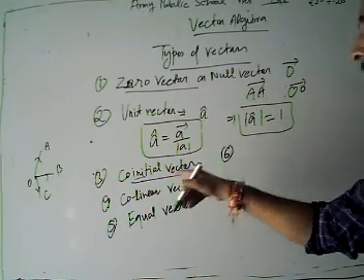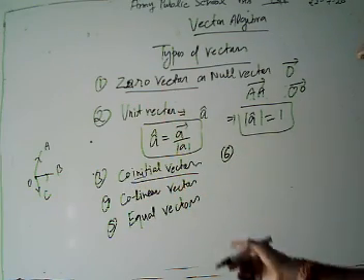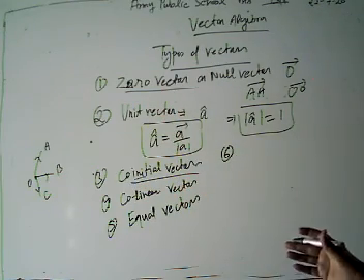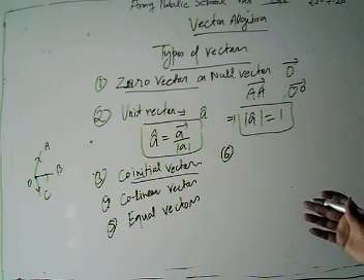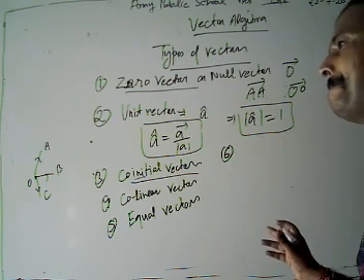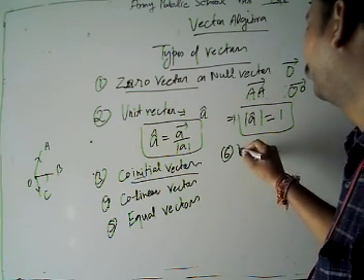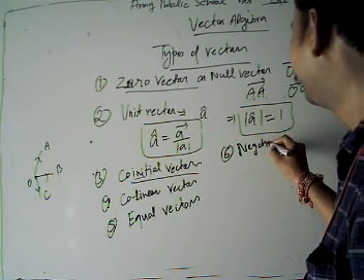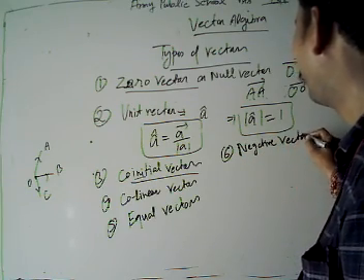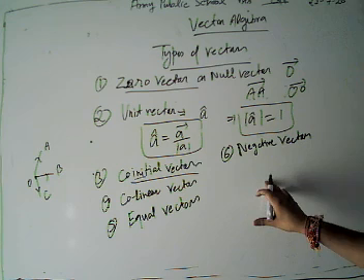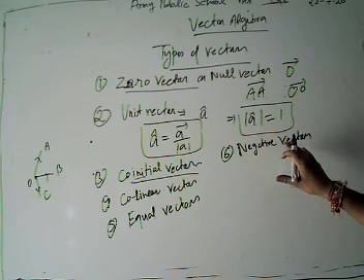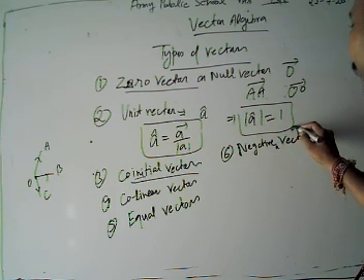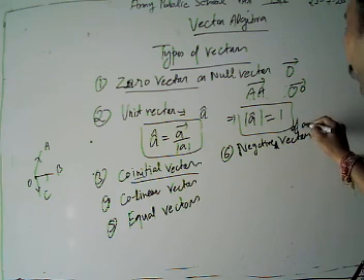Then next, zero, unit, co-initial, collinear, equal. Then we have the negative of a vector, not negative vector, negative of a vector.